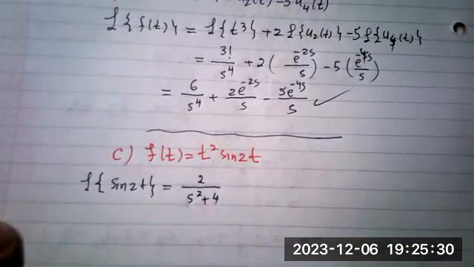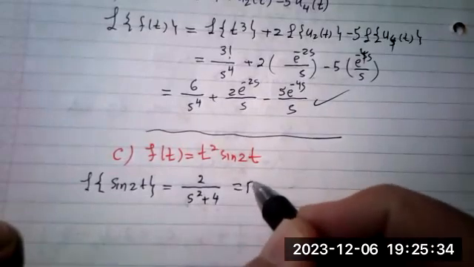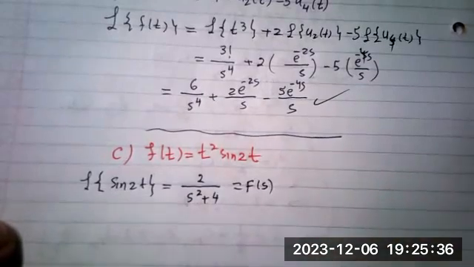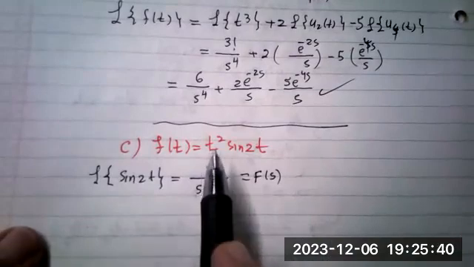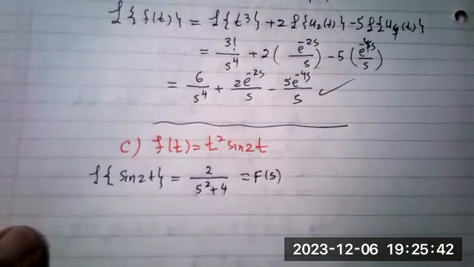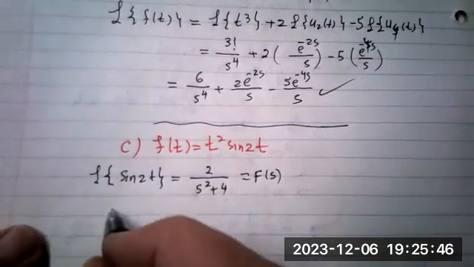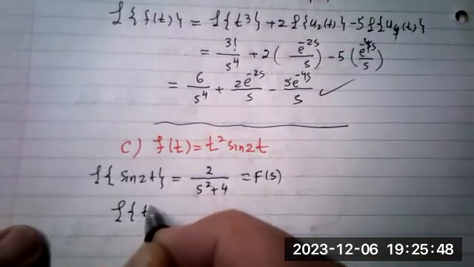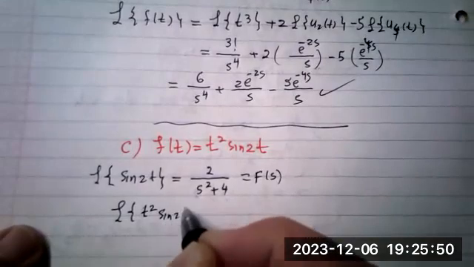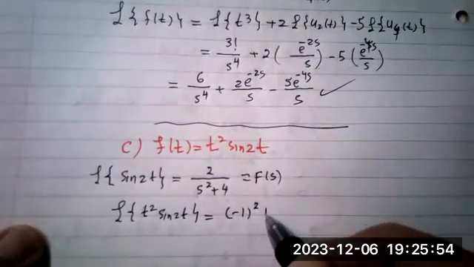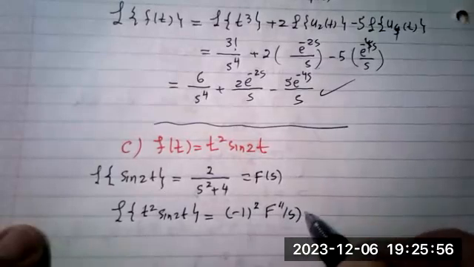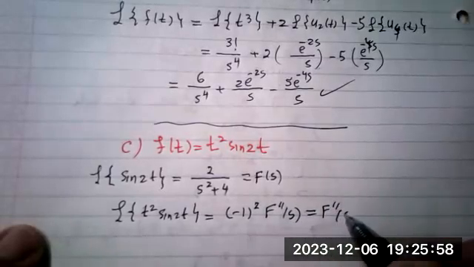That's the Laplace of the sine of 2t. We call it F of s. Now the one that we are interested in, you see, you have the t squared here. So the t squared will be F double prime. This means the Laplace of t squared sine of 2t is going to be negative 1 squared times F double prime of s.